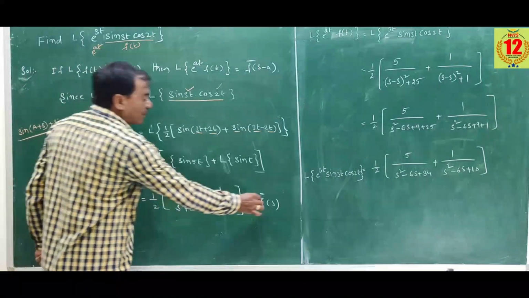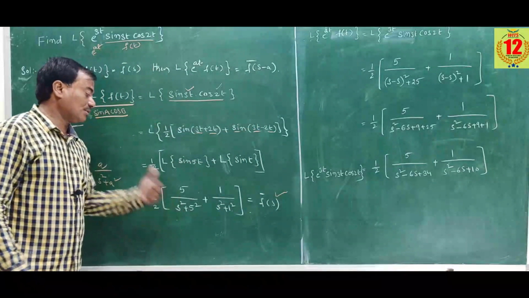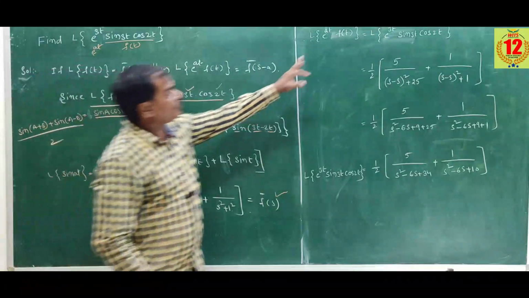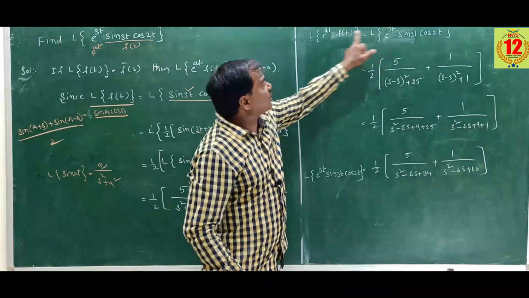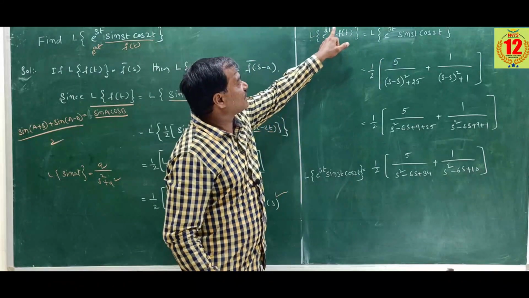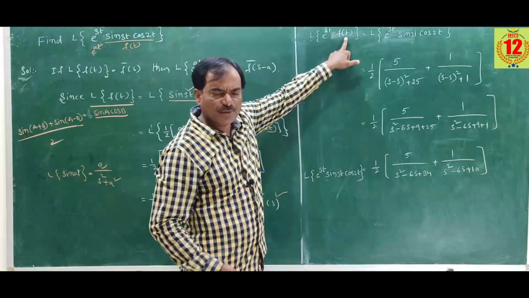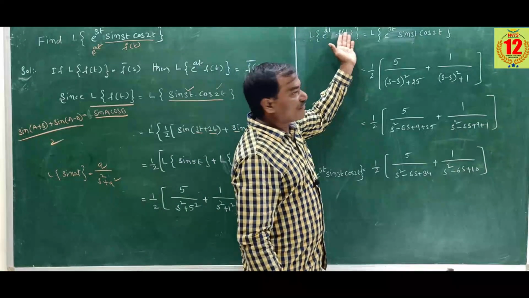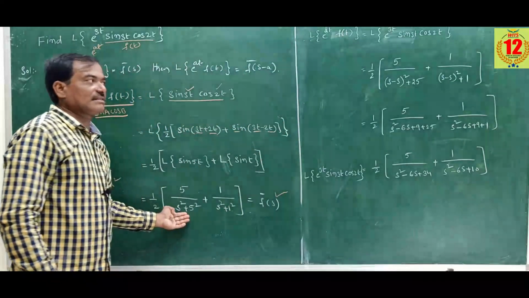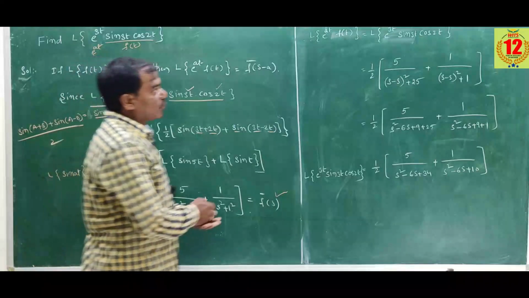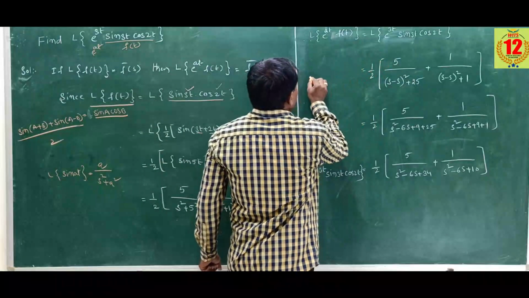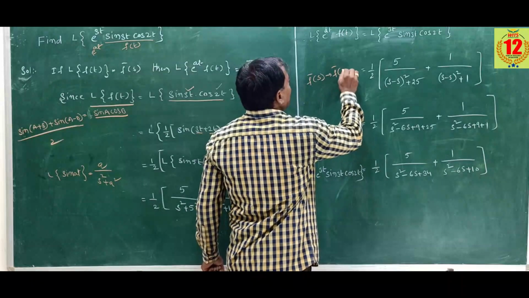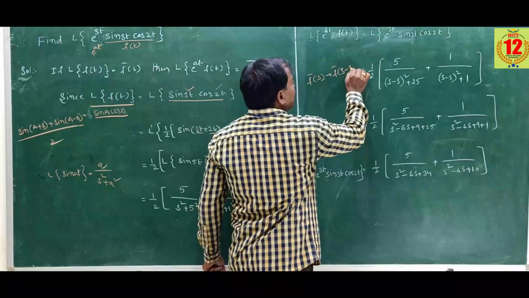So this is called f bar of s. Now we have to find the Laplace transform of the given function. The Laplace transform of the given function is in the form of the Laplace transform of e power at f of t, which means it is in the form of the first shifting property. Already we know that the Laplace transform of f of t is called f bar of s. According to the first shifting property, this f bar of s is replaced by f bar of s minus a. What is a here? 3.